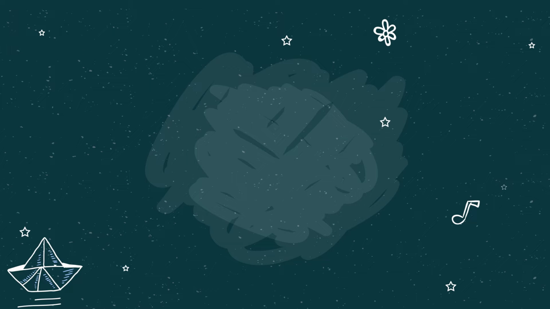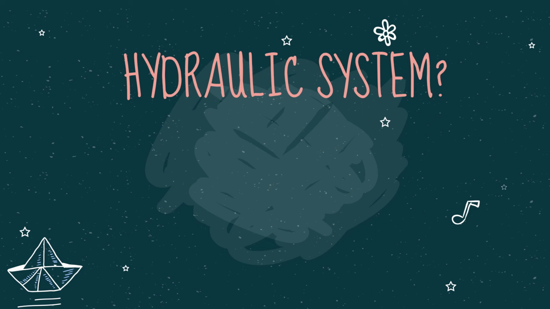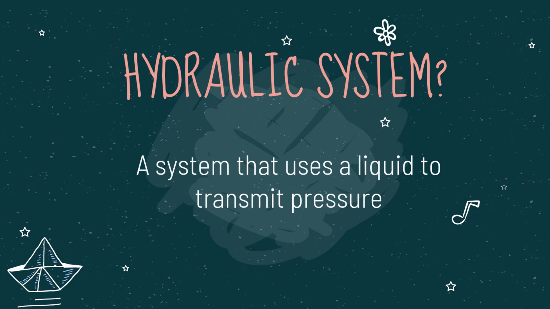Now you know what Pascal's principle of pressure transmission in an enclosed fluid is. Next, we focus on the hydraulic system. What is a hydraulic system? A hydraulic system is a system that uses a liquid to transmit pressure.